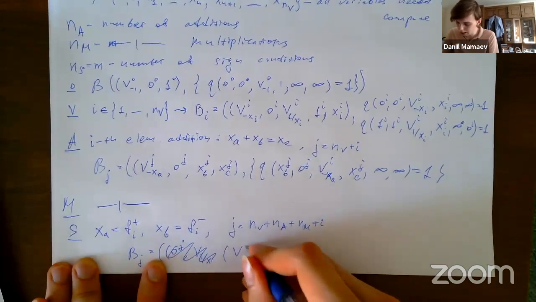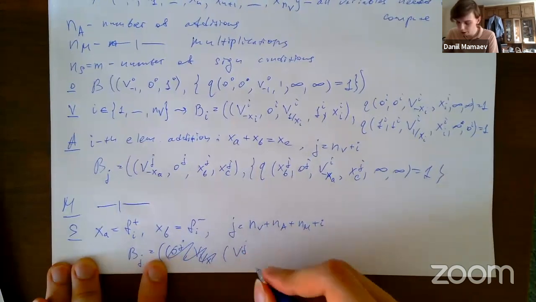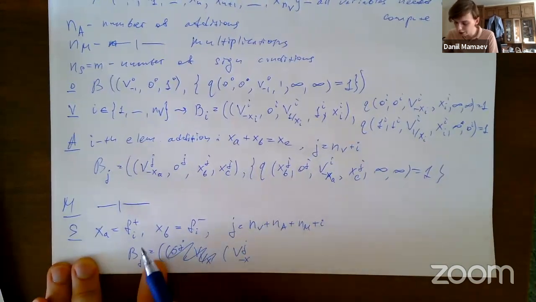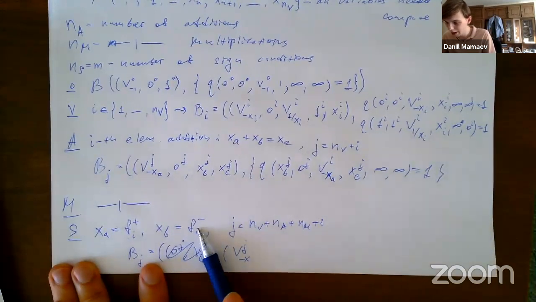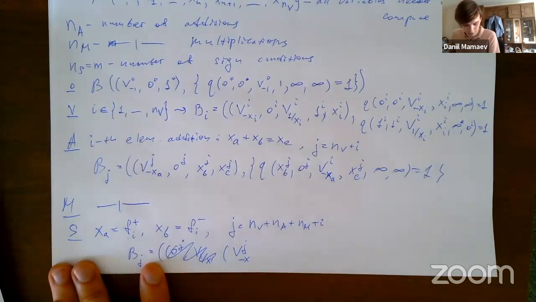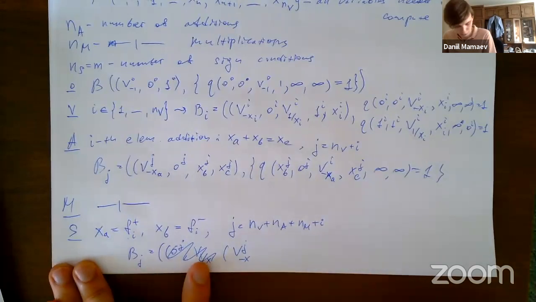What do you need? You need the difference between this and this to be positive or negative or equal to 0. So that's what you do.